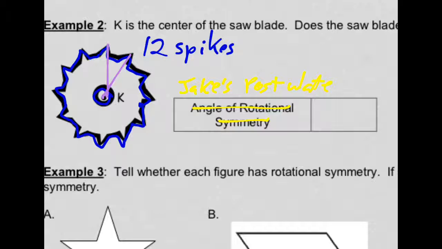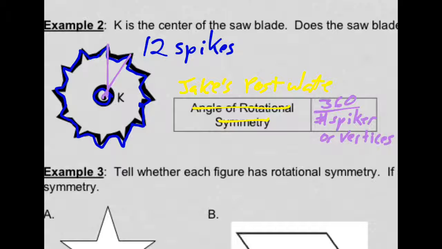So Jake's postulate says that all you have to do is divide 360 by the number of spikes, or vertices, and that gives you your angle of rotational symmetry.